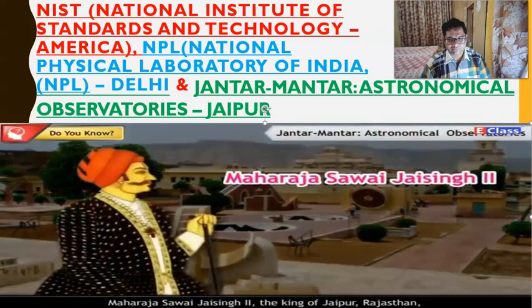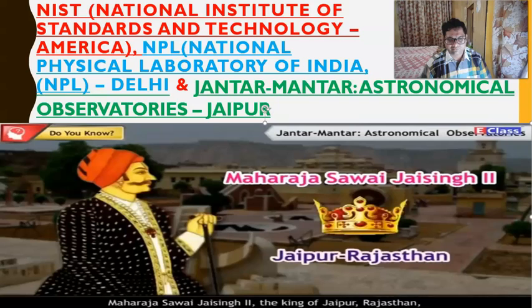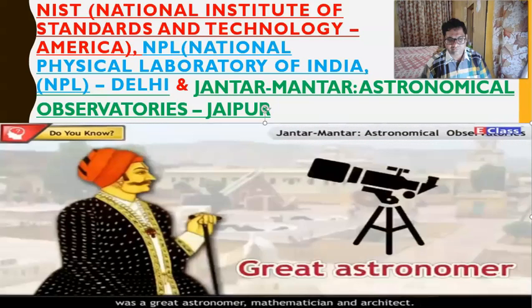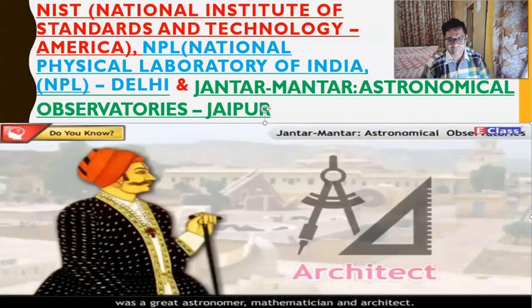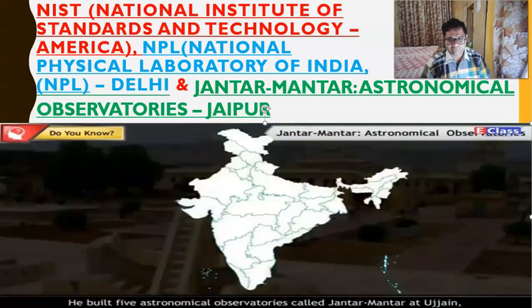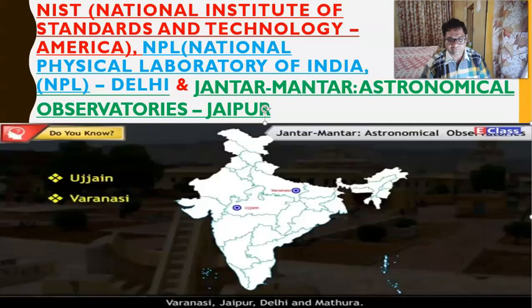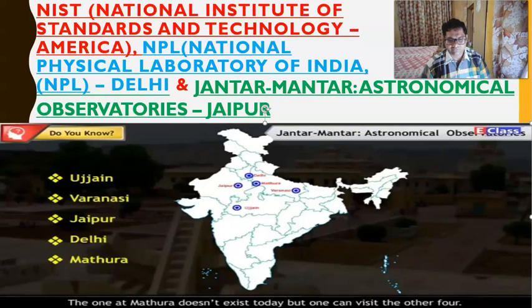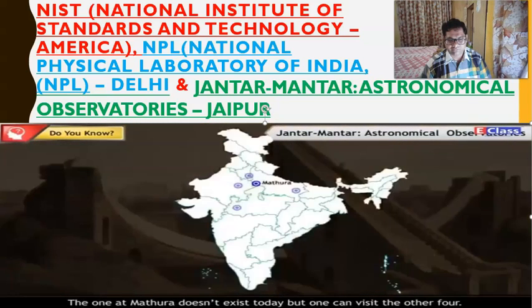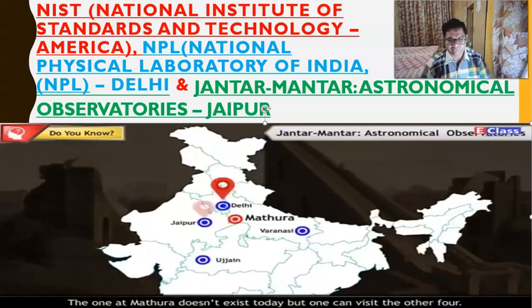JANTAR-MANTAR Astronomical Observatories. Maharaja Savai Jai Singh II, the king of Jaipur, Rajasthan, was a great astronomer, mathematician and architect. He built 5 astronomical observatories called JANTAR-MANTAR at Ujjain, Varanasi, Jaipur, Delhi and Mathura. The one at Mathura doesn't exist today, but one can visit the other 4.